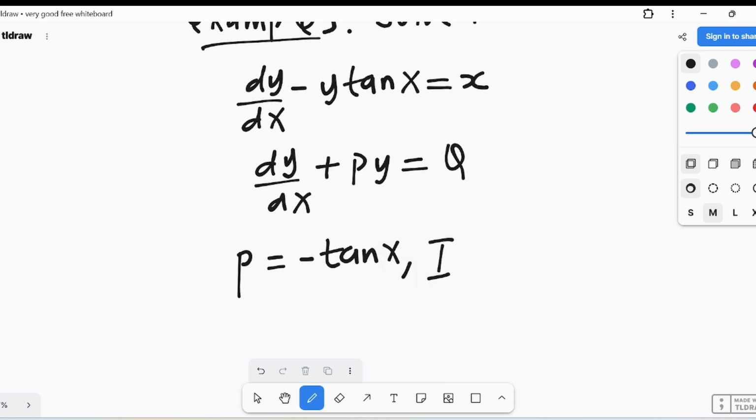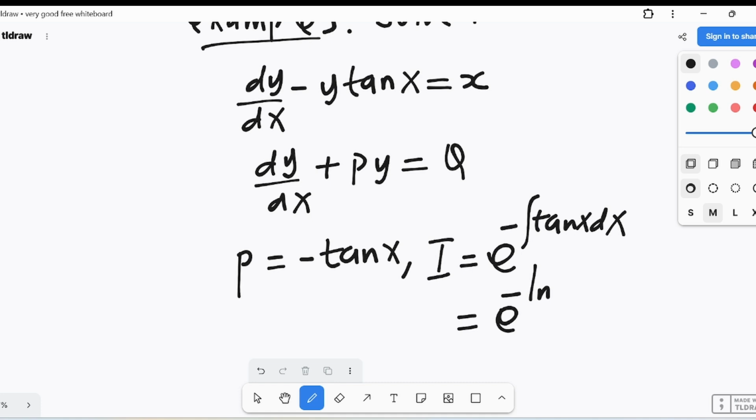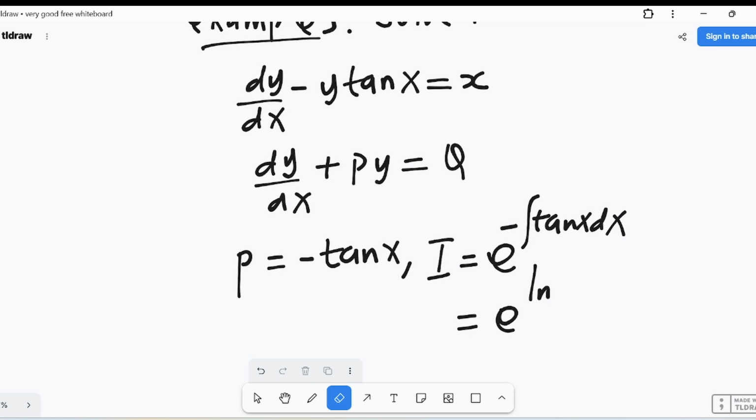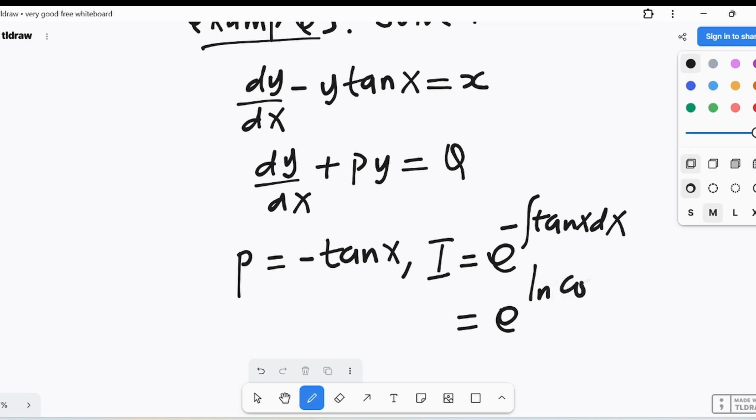Therefore, our integrating factor is going to be e to the negative integral of tan x dx. Which is the same as e to the negative ln of sec x, actually negative, it becomes a positive. So ln of cos x, which eventually becomes cos x.